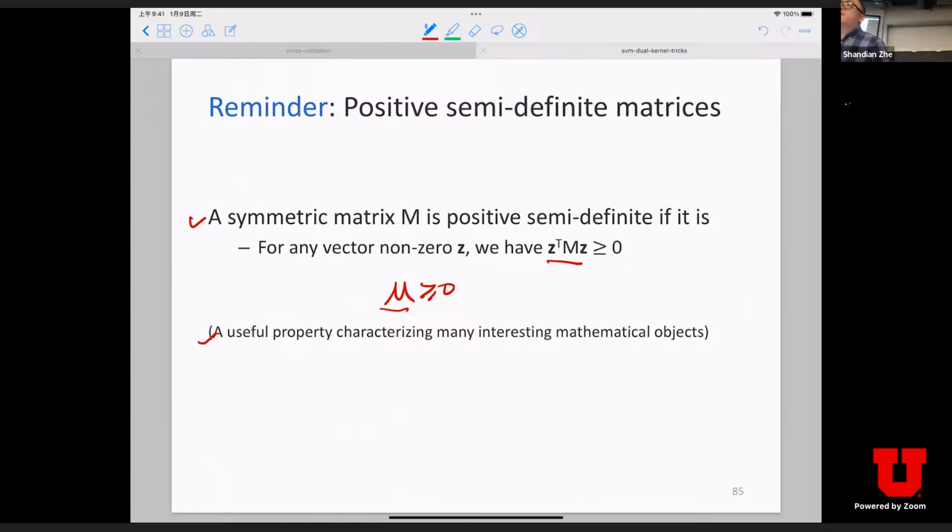Invertibility, well, strictly speaking, when it is positive definite, you can say it is invertible. If it's semi-positive, it still can be low rank. What other properties does a symmetric positive semi-definite matrix have?